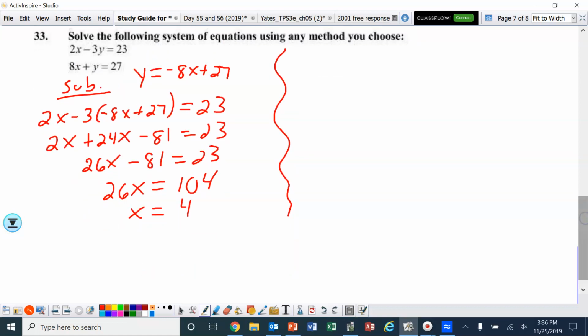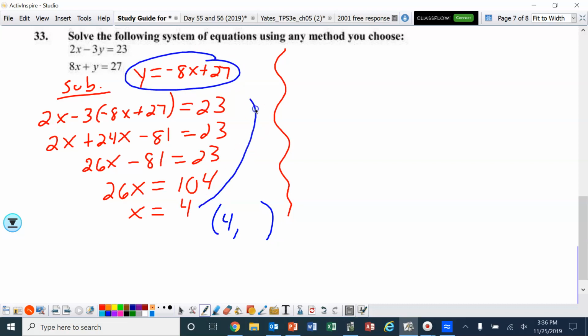All right, now I'm not done because I only have half the answer, so I only have the x value. So now I want to know what the y value is. So I'm going to plug that 4 back into that one. So y equals negative 8 times 4 plus 27. That would be negative 32 plus 27, so that looks like negative 5.